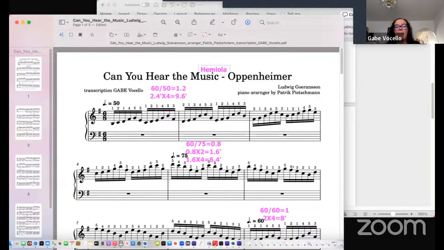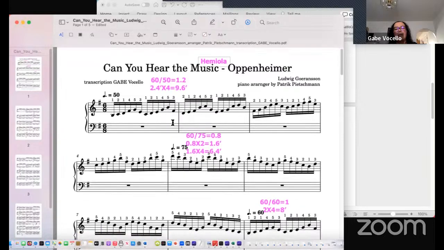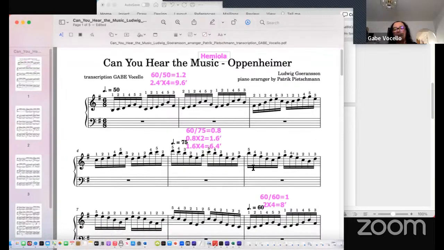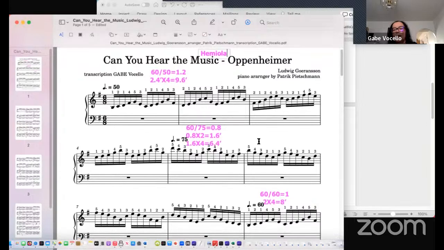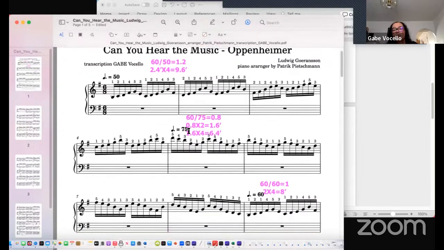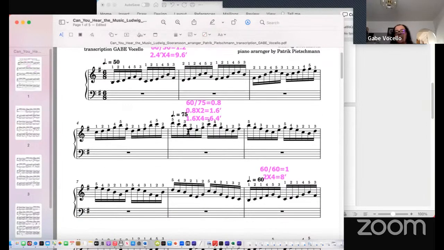When you have, at least the idea, this is like a 2 plus 3, so 1 2 1 2, ta ta ta ta by 2. So the group of the two 16ths, ta ta ta ta. So when you get to 75, the 16ths will be like triplets.